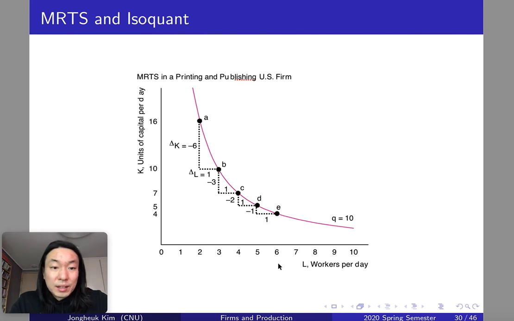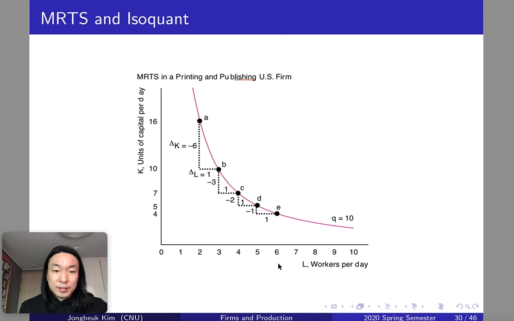Which means that you don't need to sacrifice as much capital from point B to C as when you went from point A to point B. Okay, so the MRTS has been relaxed a little bit as you increased more labor. How do you interpret this one?